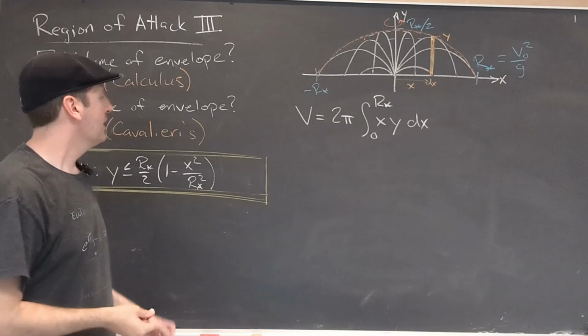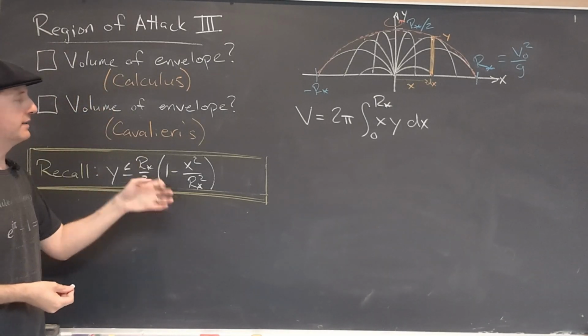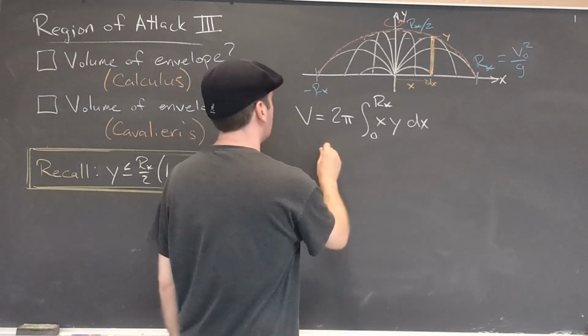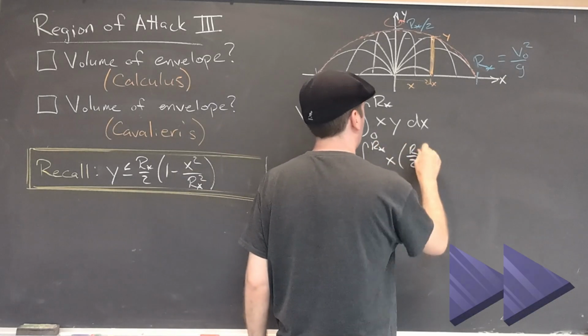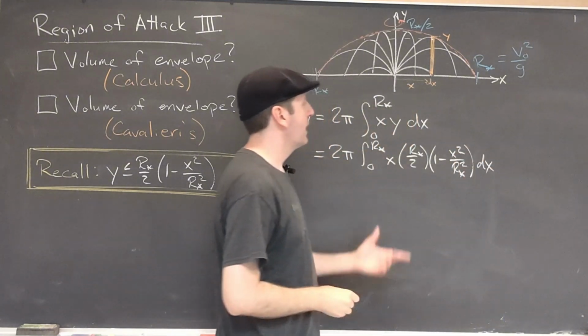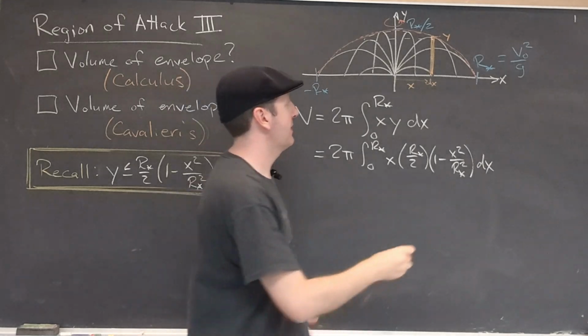Not too bad. Using the result we found last time for the height of this region that's bounding, we can quickly evaluate our integral. I'll probably go ahead and use the same u substitution we did last time.